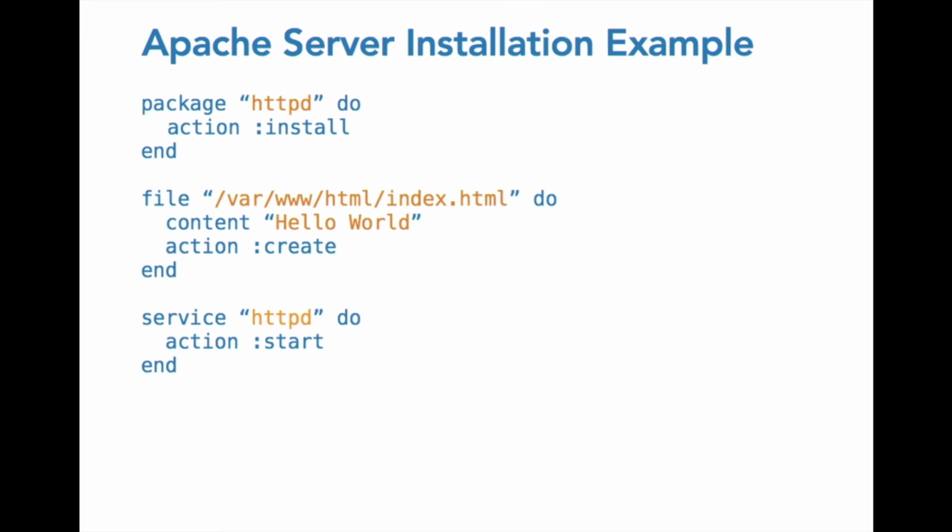And then in the second block, we are asking Chef to configure that package that has been installed, that Apache server, and then create index.html, and then write some content into that. And then in the third block we are asking Chef to start that server. So what happens in this case?